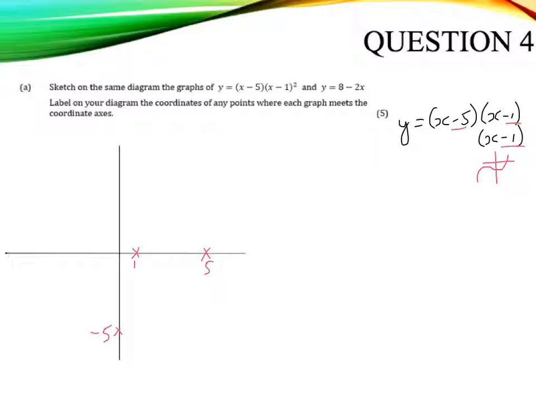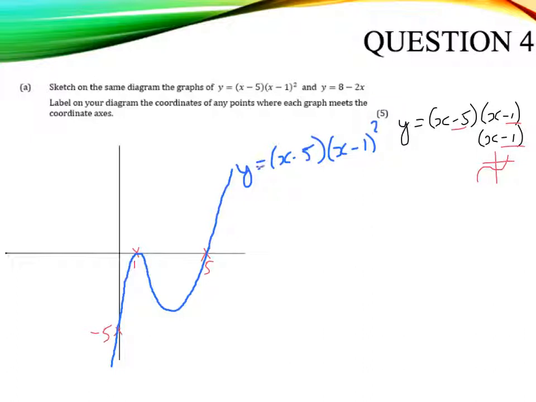We need to make sure it comes up through negative 5 down here, and we're just going to touch the x-axis. We're going to come back down, and then go back up, something like this. And let's label this one: this is y equals (x minus 5)(x minus 1) all squared.